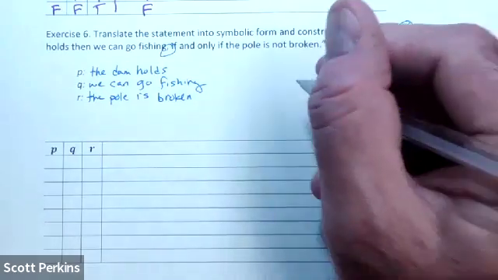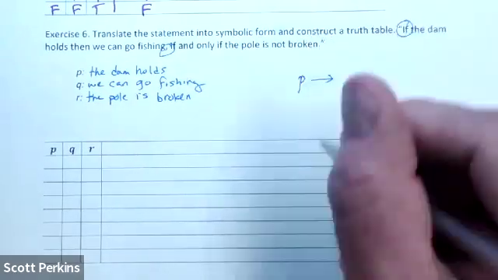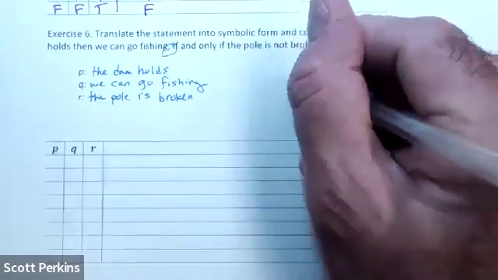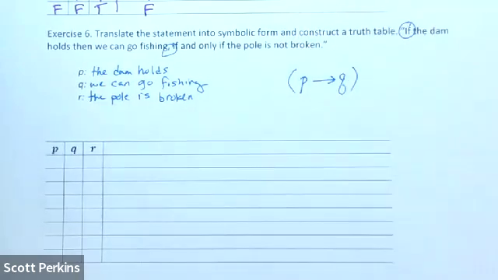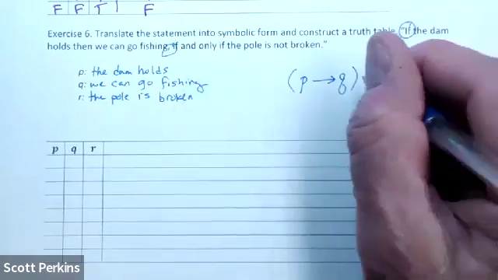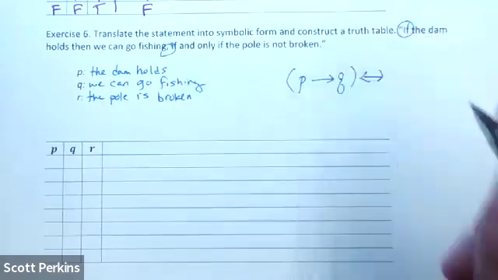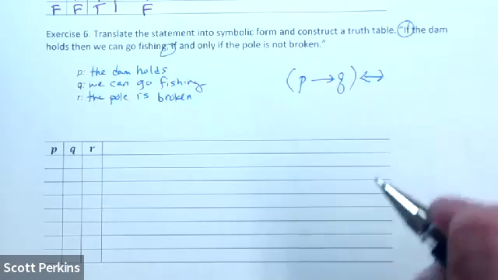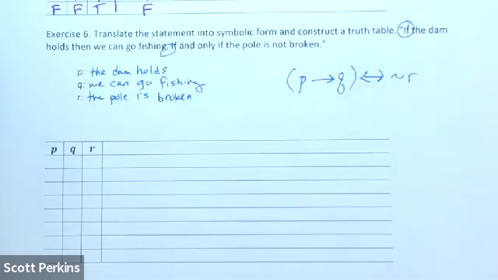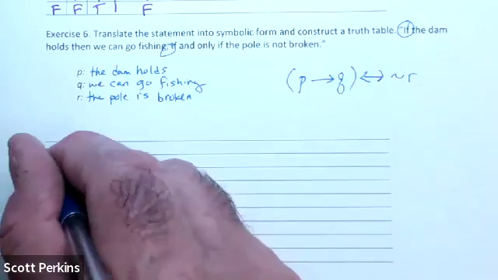So if the dam holds, P, then we can go fishing, Q, with parentheses around that because they're on the same side of the comma. If and only if, that is the biconditional. And then the pole is not broken, that's squiggly R. If you have a question about that, let's interact on it. If not, move forward and go ahead and do the truth table for that statement.